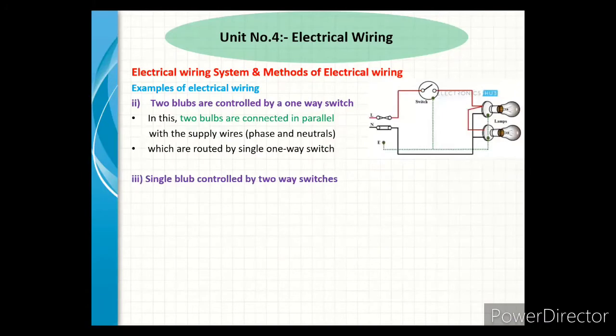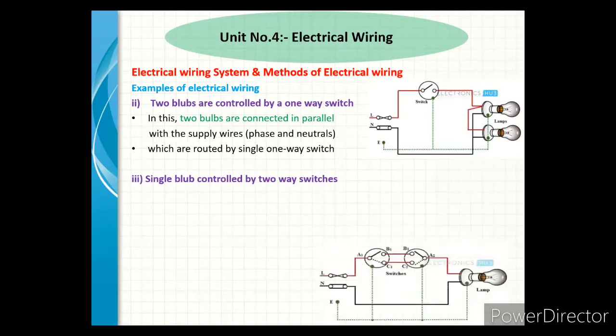The third example is a single bulb controlled by two-way switches. In this, the B1 of the first switch is connected to the B2 of the second switch, and the C1 of the first switch is connected to the C2 of the second switch.